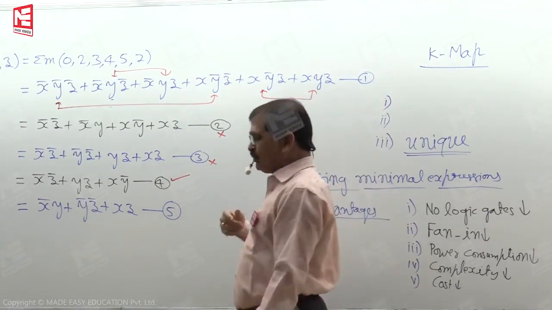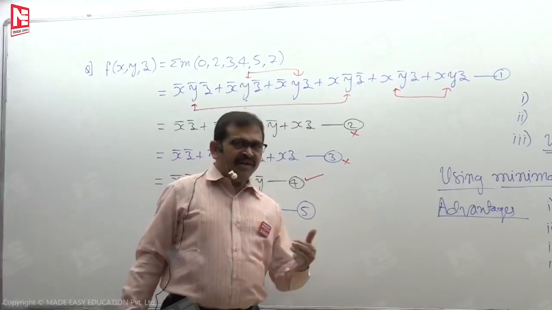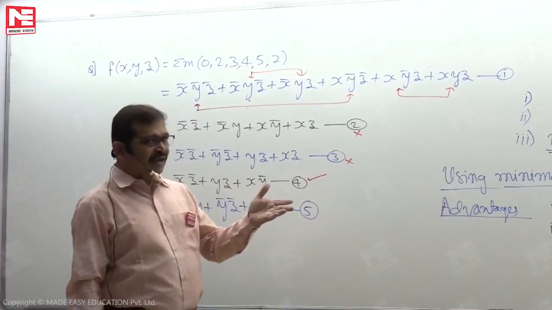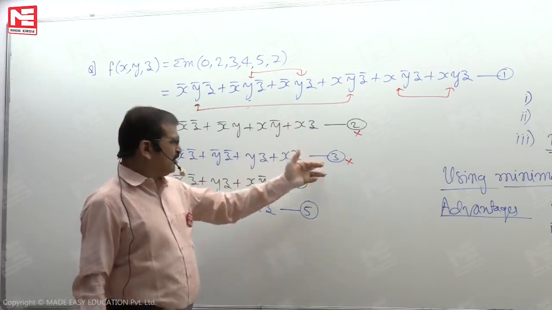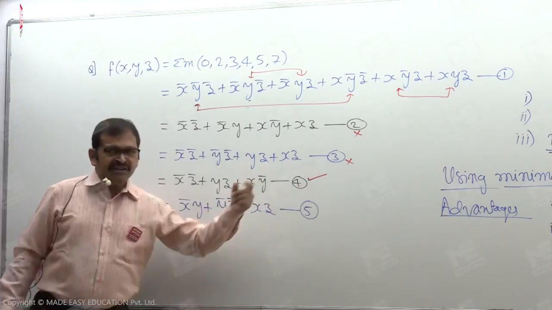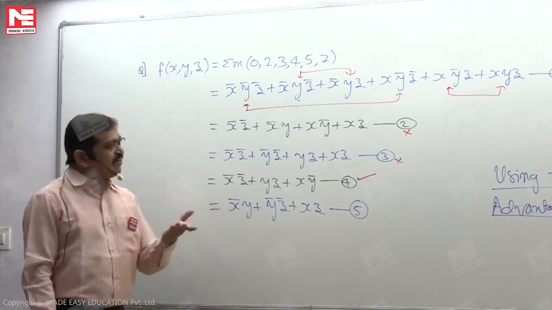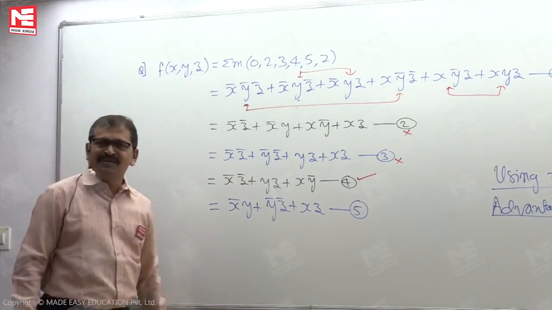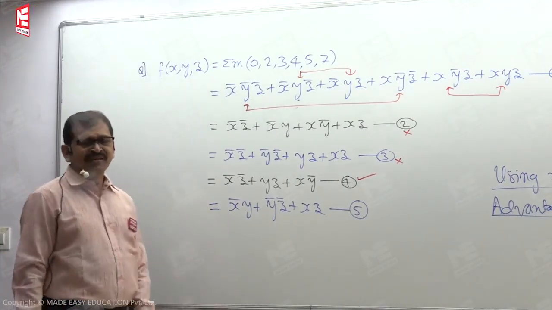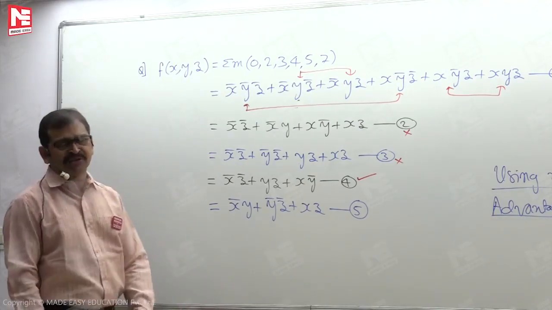Somebody may be grouping with some procedure, and while grouping, he or she may get this equation 2 or this equation 3. After reaching equation 2 or equation 3, further simplification is not possible. Once further simplification is not possible, we may accept equation 2 itself or equation 3 itself as the minimal expression.